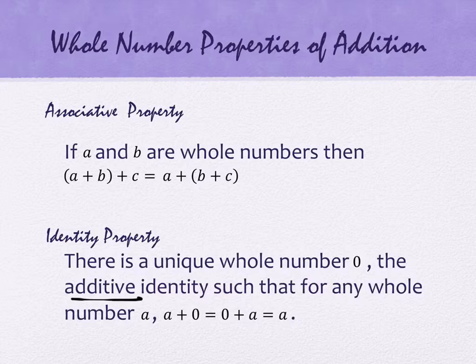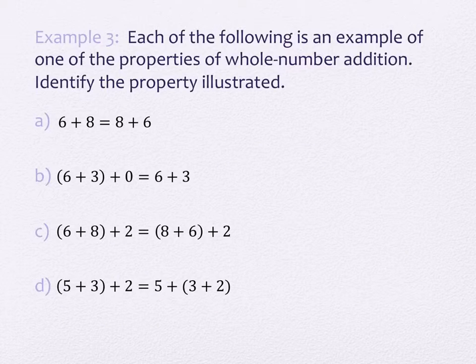So what we're going to do next is we're going to take four examples, and we're going to identify which of the 4 properties each of the 4 satisfy. So go ahead and take a look and give what you believe is the correct answer next to them. You should either be writing down associative, commutative, additive identity, not just identity, additive identity, or closure.